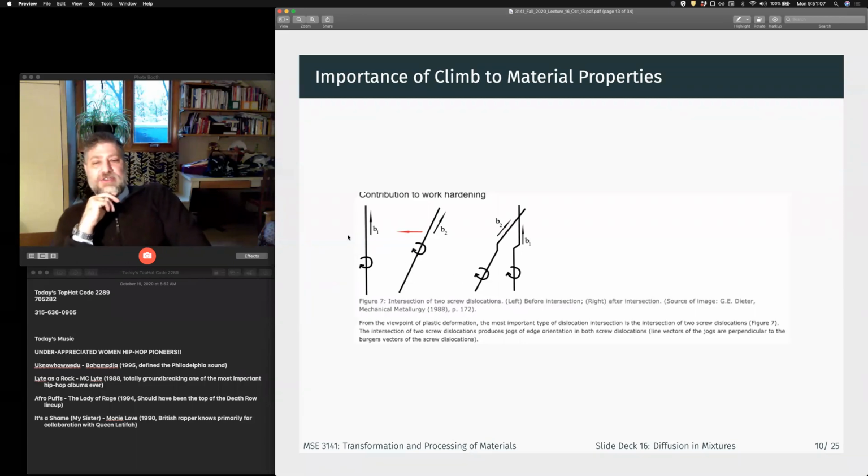So when these 2 screw dislocations intersect each other, we're left with a jog here, right? Was dislocation jog something you guys talked about, or you'll probably get it, you'll definitely get it in mechanical behavior.